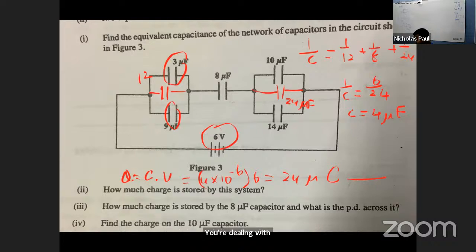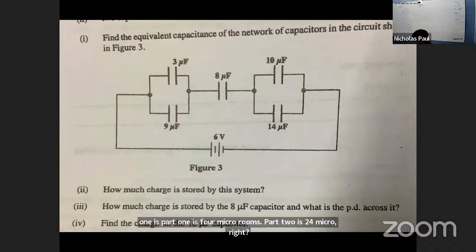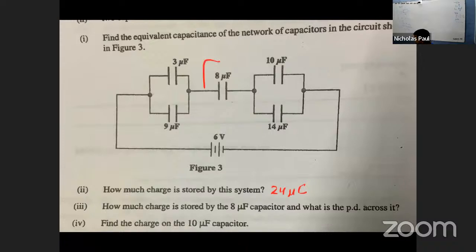Part 3, I mean, part 3. Part 1 is 4 microcoulombs. Part 2 is 24 micro, right? They want us to get it charged across this one.